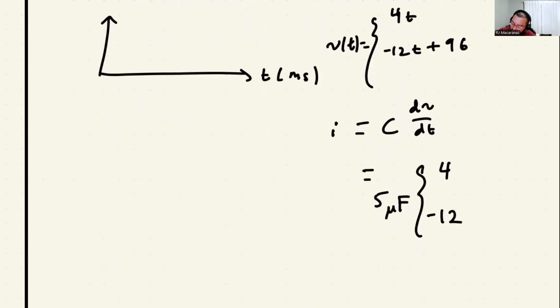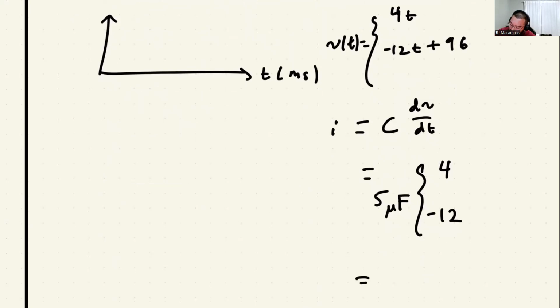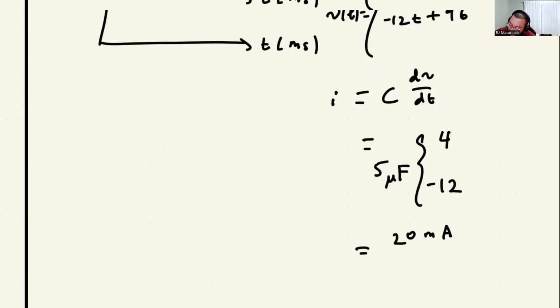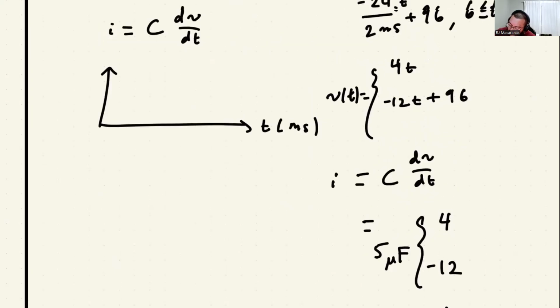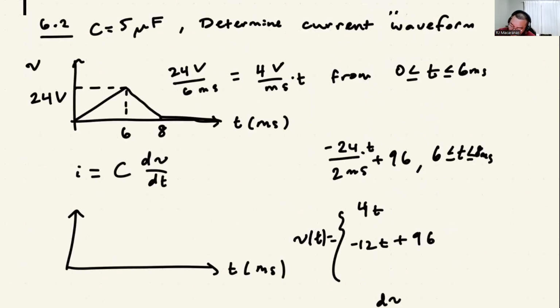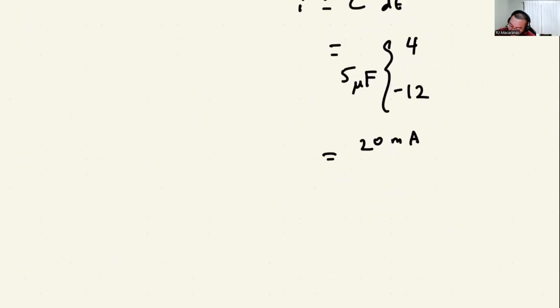So in the first interval, I get 20, and this is going to be in milliamps because I've got micro, divided by milliseconds on the other.